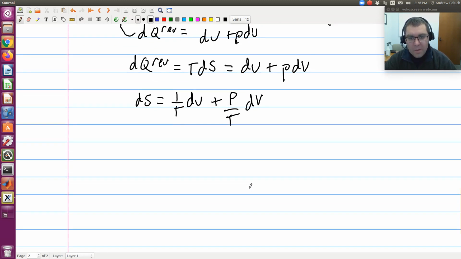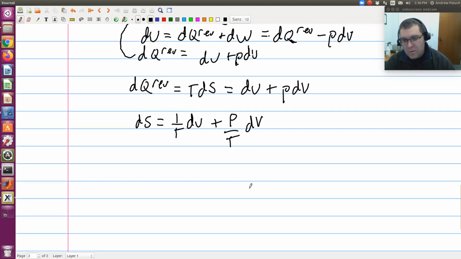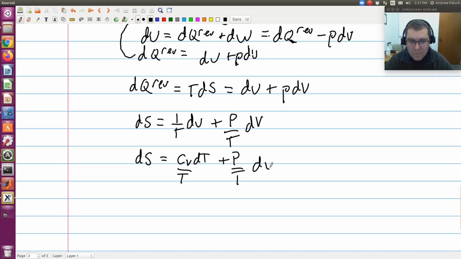All right. Got it. So next, in terms of this first term, we're told that we have an ideal gas. So du is equal to Cv dT. So ds is Cv over T dT plus P over T dV.